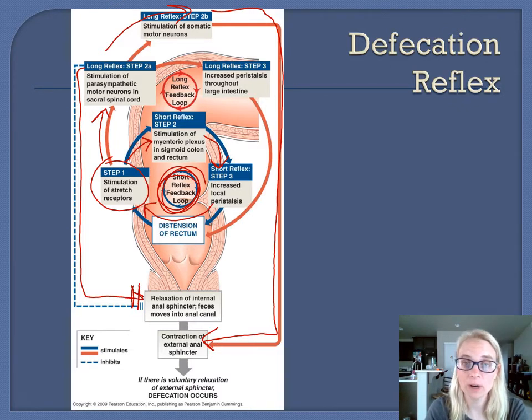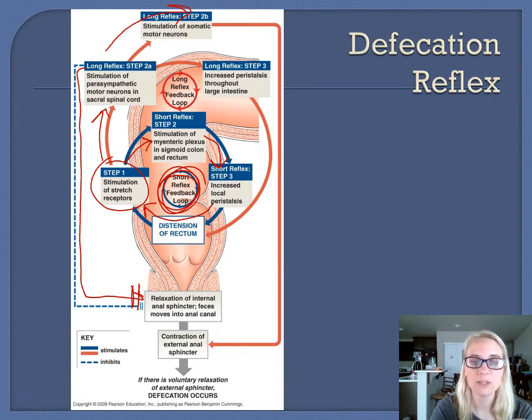Also, if you are paralyzed, if you have spinal cord damage and you cannot send ascending or descending signals, this pathway will not function. It stays closed, but as the pressure builds, it will automatically open up. And so people who are paralyzed can defecate, they just cannot control when they defecate.